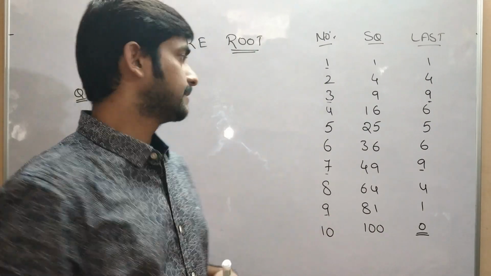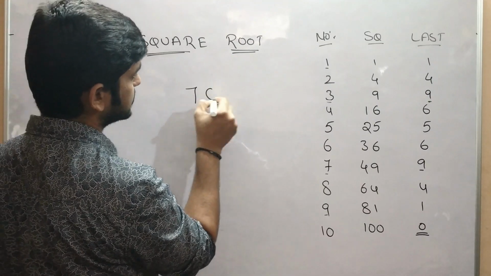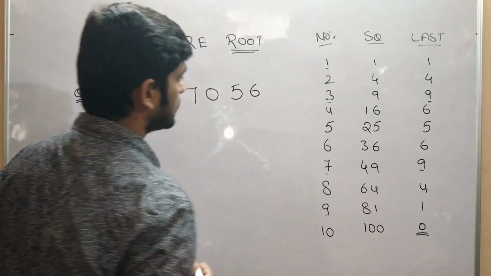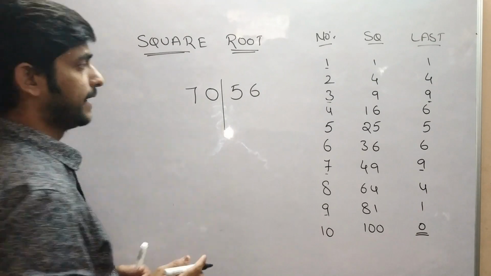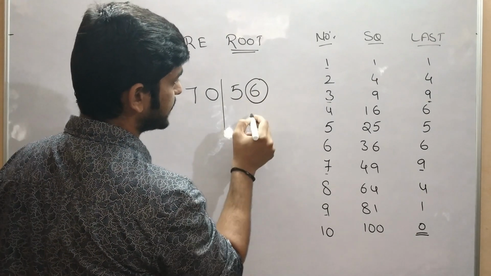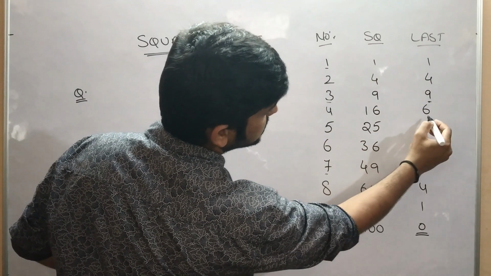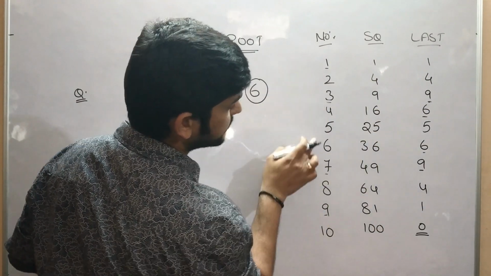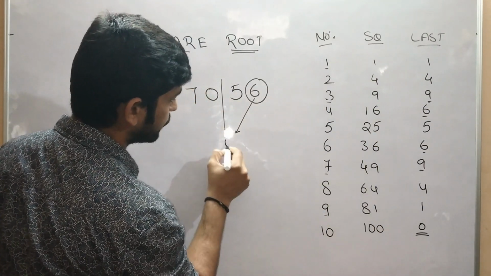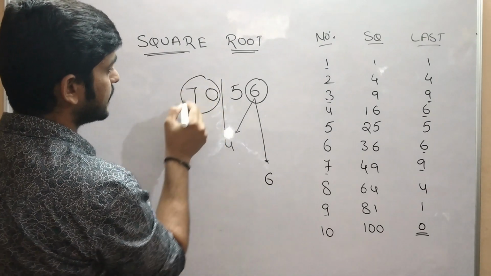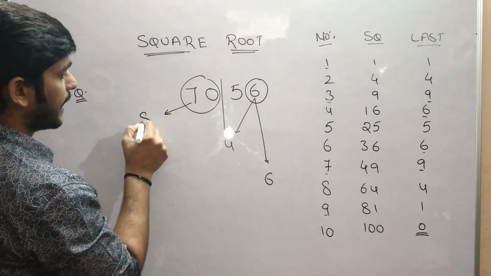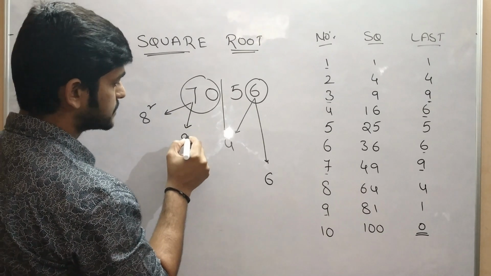Next I am considering 7056. The first step is to divide the number into two parts. Here this ends with 6. If the last digit is 6, then the answer must end with either 4 or 6. Now this 70 lies between 8 square and 9 square.